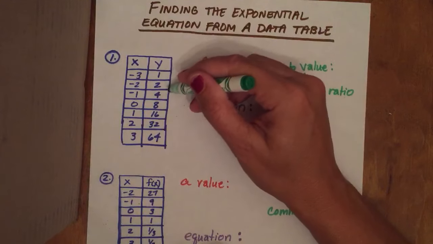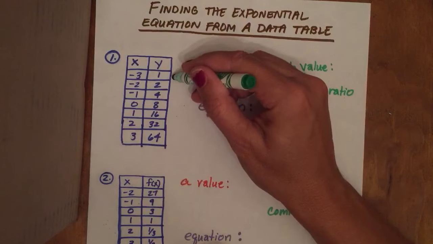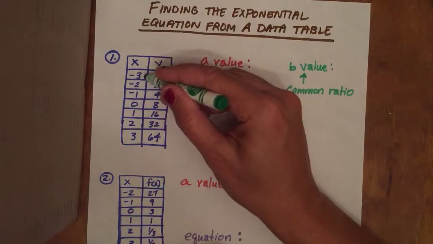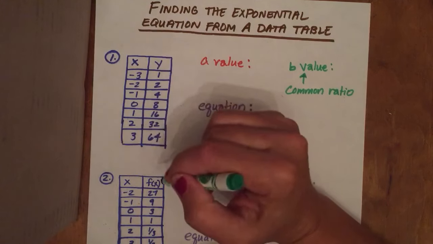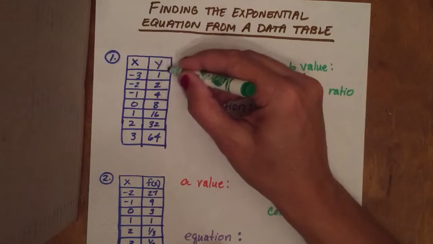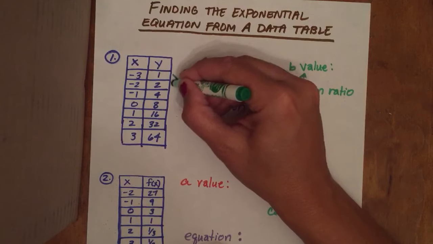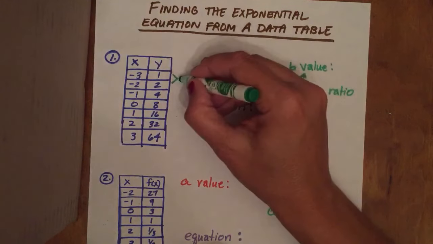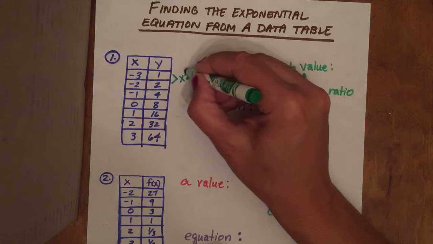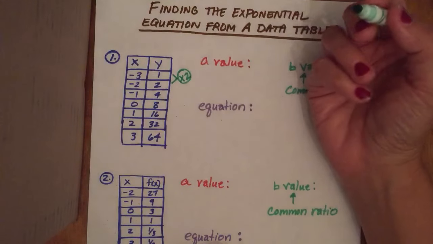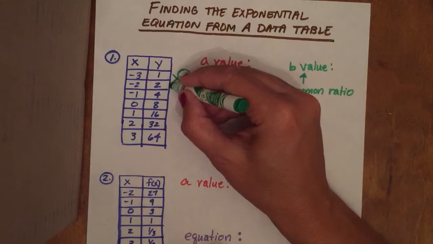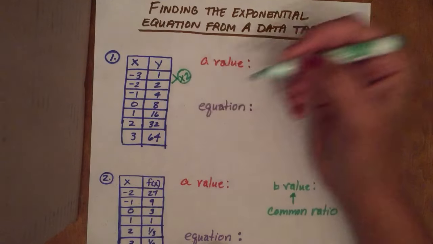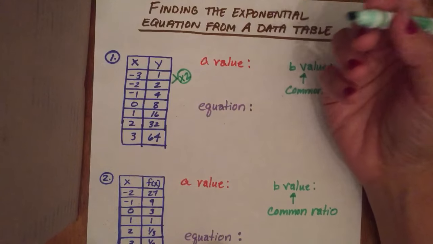It has to be the same factor, the same multiple from y value to y value as we go consistently from x value to x value. So let's try. How would I go from 1 to 2? Well, multiply by 2. So in order for this to be an exponential function, each y value going to the next y value must be a factor of 2. We must have multiplied by 2.